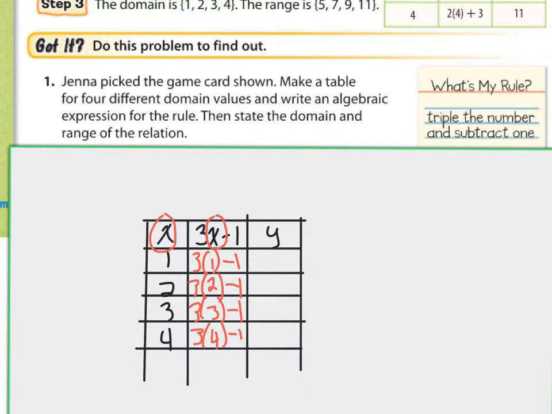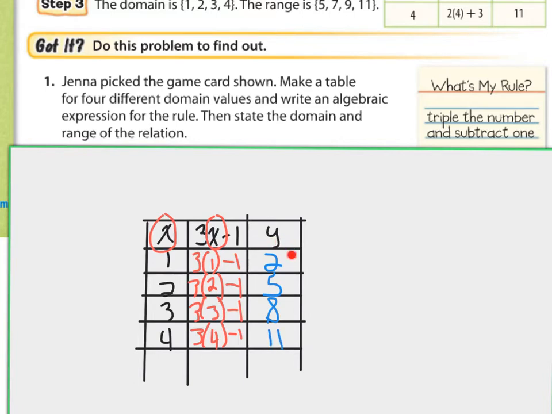And when I solve, I will follow order of operations. 3 times 1 is 3, minus 1 is 2. Number 2, 3 times 2 is 6, minus 1 is 5. Number 3, 3 times 3 is 9, minus 1 is 8. And finally, 3 times 4 is 12, minus 1 is 11.